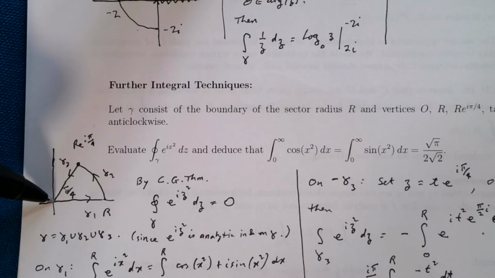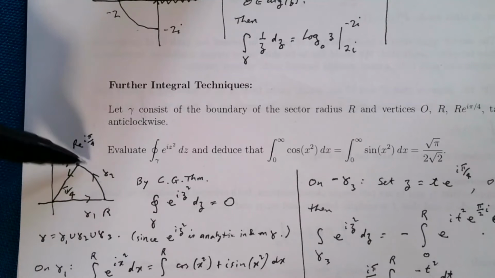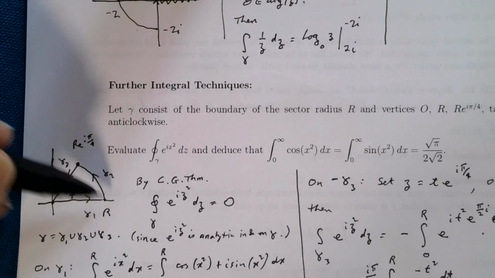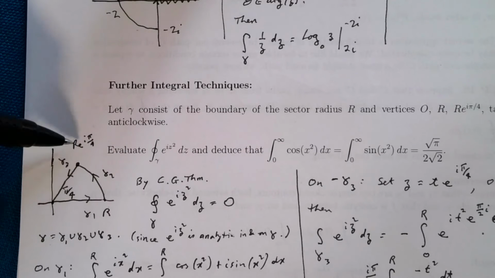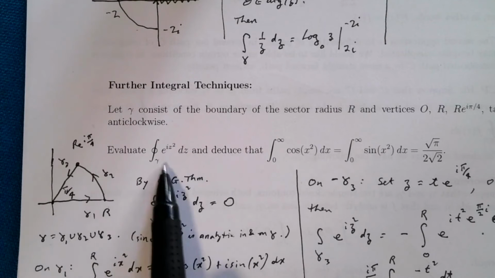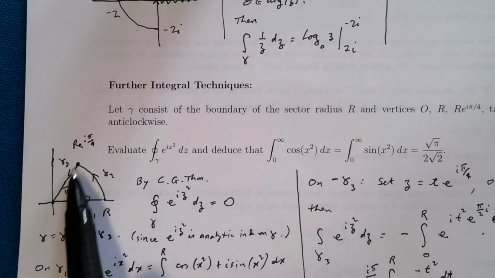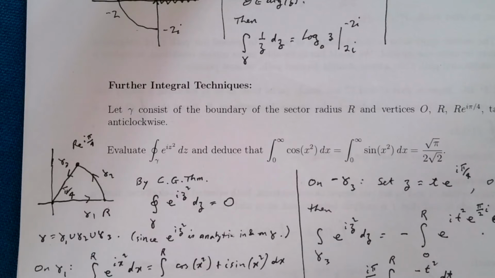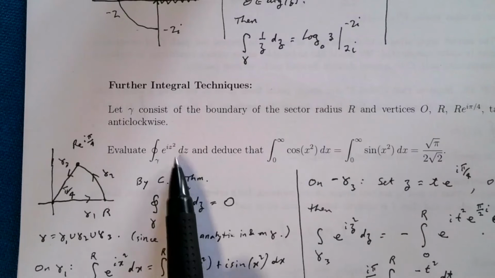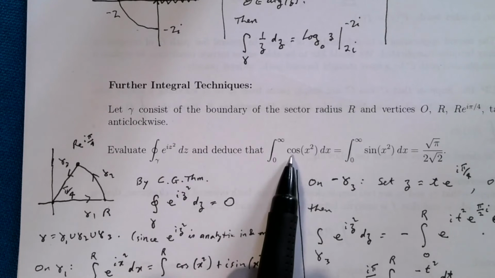It's an eighth of a circle, so it's a sector with vertices 0, r, and this point here will be r e to the i pi on 4. And we're going to study this integral around gamma. So gamma is going to be this contour. We're going to study the integral of e to the i z squared dz. And out of this, we hope to get these results.